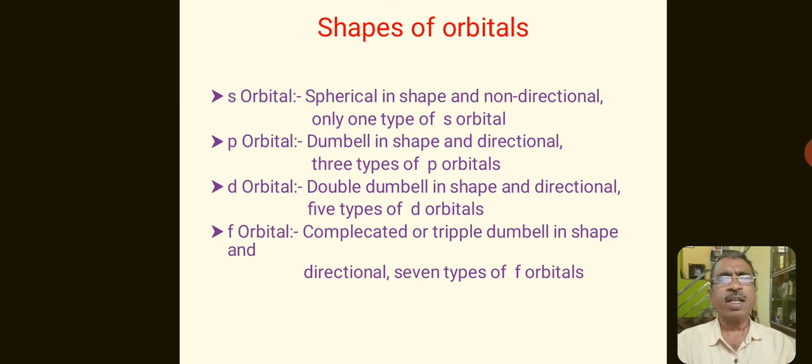They have a directional property and there are 5 types of d orbitals. Those are dxy, dyz, dxz orbitals which lie in between the axes, and dx square minus y square and dz square orbitals which lie on the axis. The f orbitals are complicated or triple dumbbell in shape, and they too have a directional property, and there are 7 types of f orbitals.